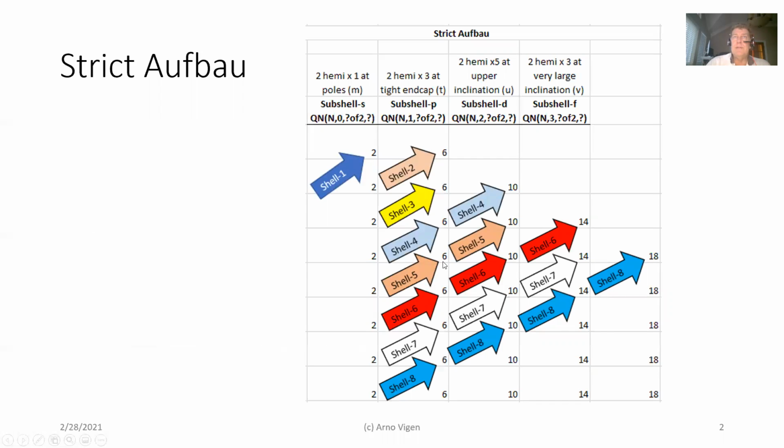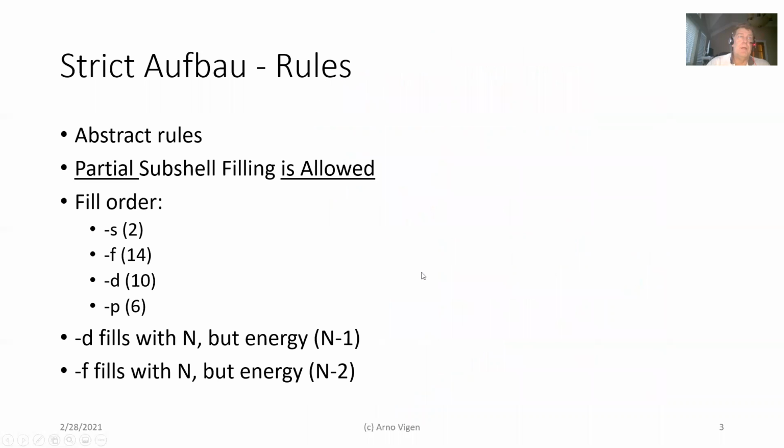That's sort of how these go up. So subshell 6 has the same energy as subshell 4, but its filling doesn't happen until it gets to 6.